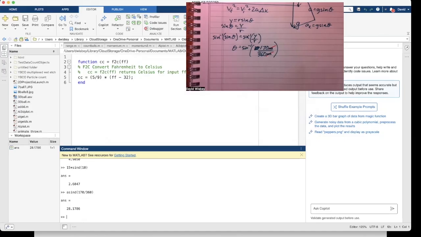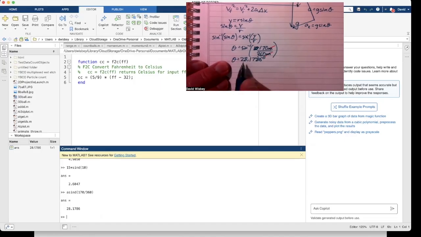That tells us our angle is 28.2 degrees. Actually, I'm going to leave these digits in for now because I'm not done with my calculation, and I don't want to throw those away until I'm done, because then you're going to get more errors.